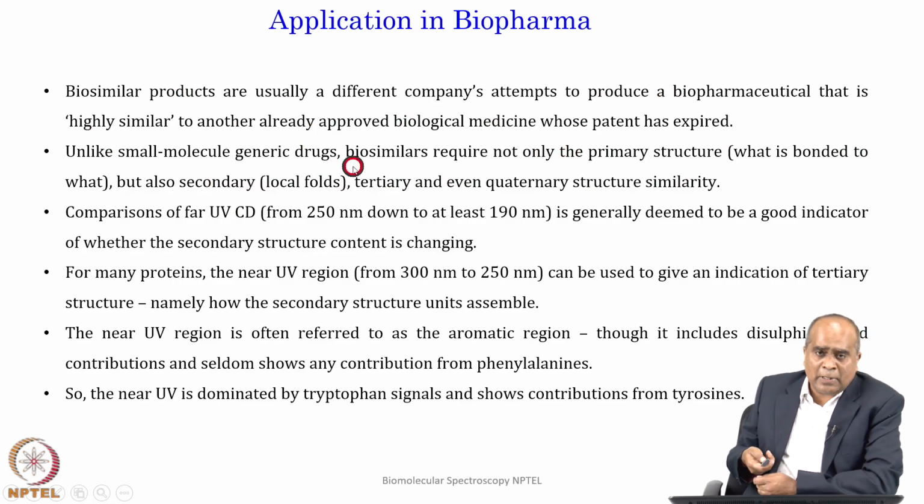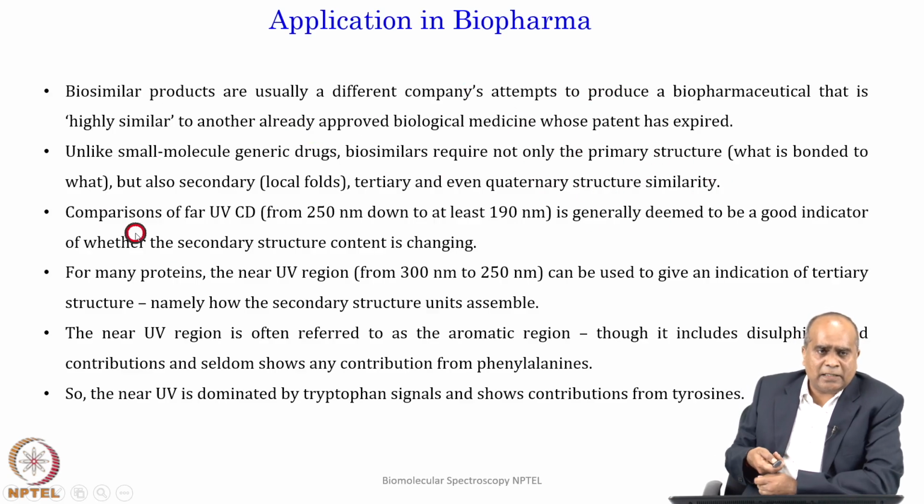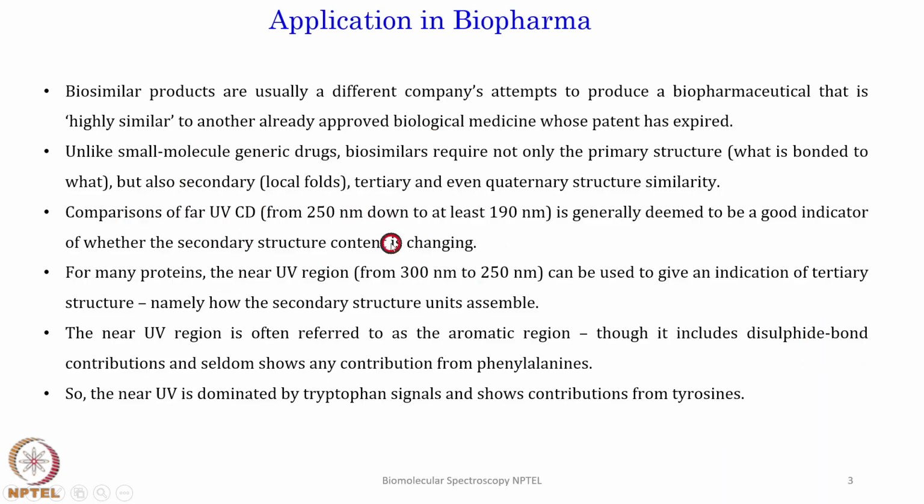Essentially the manufacturer needs to show that their molecule is in all senses similar to the reference listed drug, and one of the techniques used is far UV CD for secondary structure and near UV CD for tertiary structure, right. Near UV CD comes from aromatic amino acids, and includes disulfide bonds and so on.